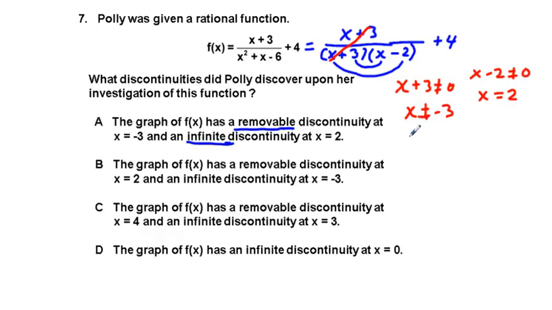And so our discontinuities are at x equals negative 3 and at x equals 2. That's going to disqualify answer choice C for sure, because we have different numbers. And for D, D only has an infinite discontinuity. That's not going to work. And since we've canceled, this one right here is our removable discontinuity, or hole.